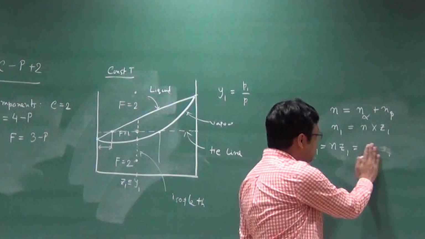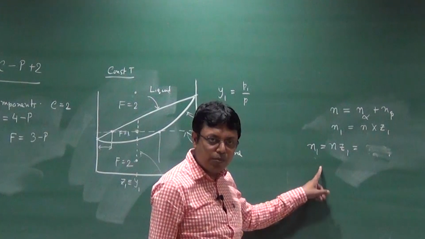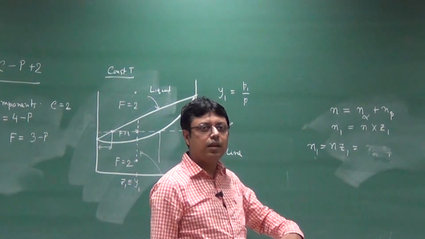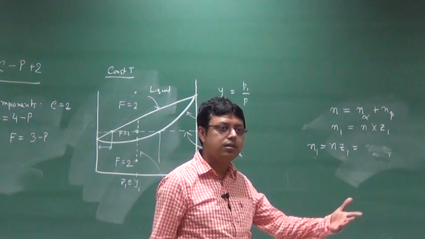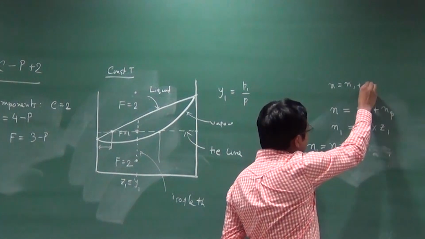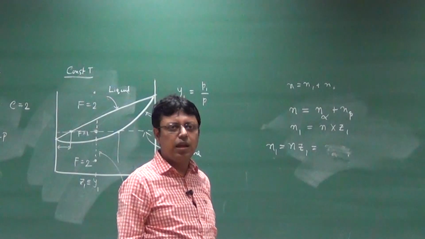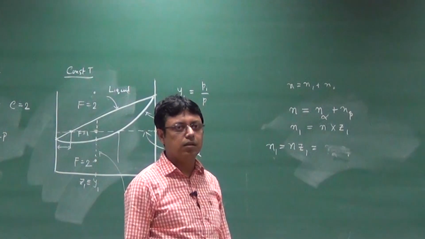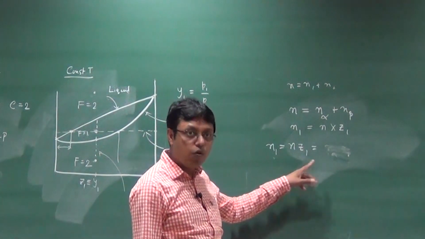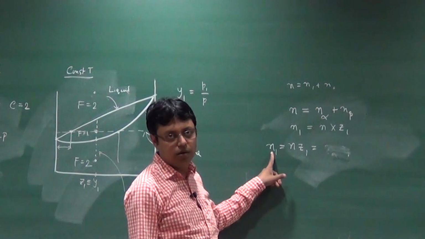Let me write another line. N1 is the total number of moles of 1. Let us calculate the total moles, N, which is N1 plus N2 in all the phases, alpha, beta, everything together. I take this N and multiply by the overall mole fraction of 1, and that gives me N1.